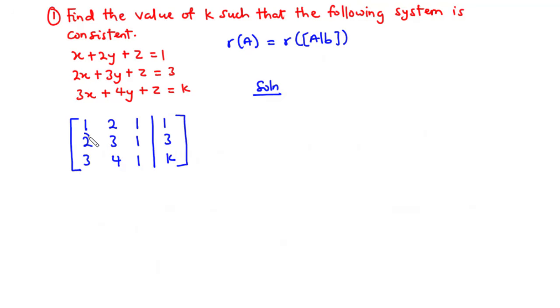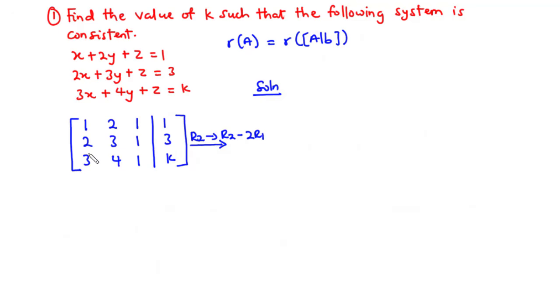Now, focusing on this value, how do we make this value go to 0? To do so, we are going to perform the operation on row 2, and the operation is we are going to multiply row 1 by 2 and then subtract that from row 2. So the operation is row 2 minus 2 times row 1.